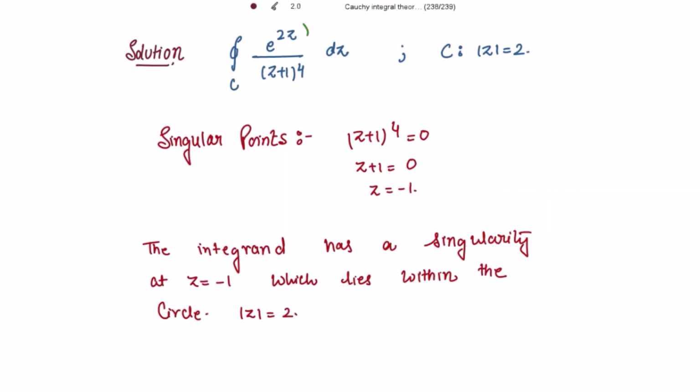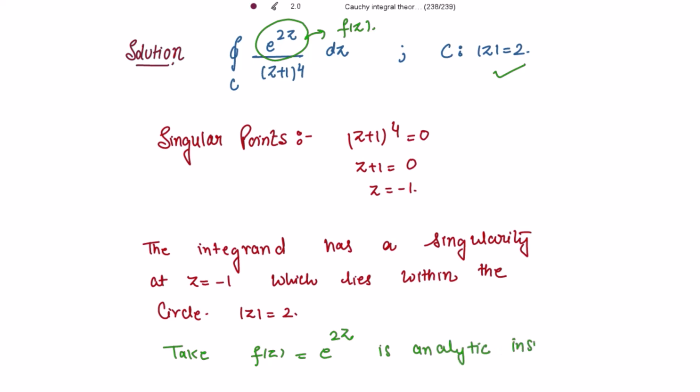Now we take the numerator to be our f of z, which is analytic inside this circle. So taking f of z equal to e to the power 2z, that is analytic inside and on the circle mod z equal to 2.